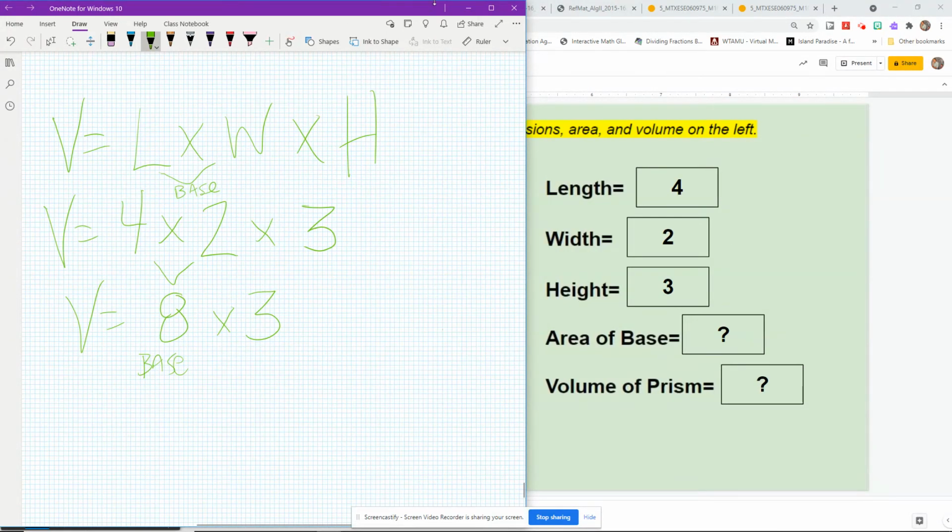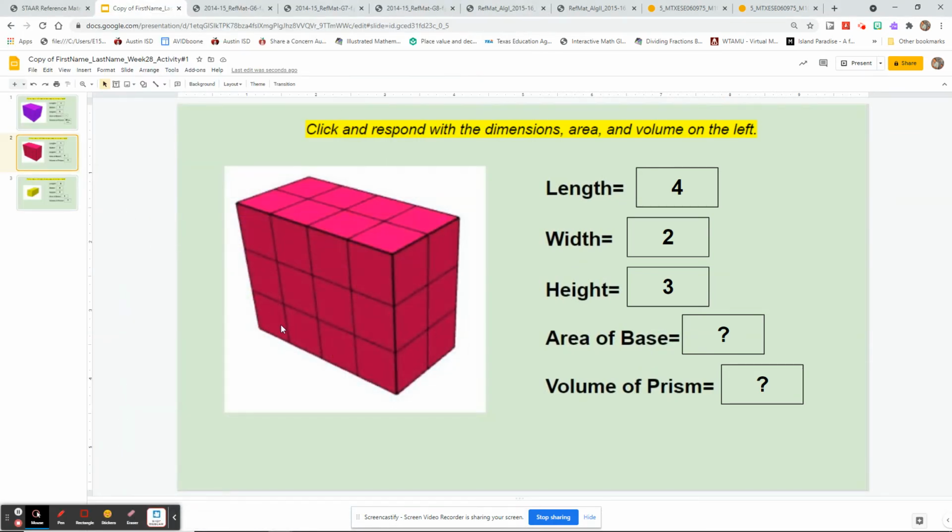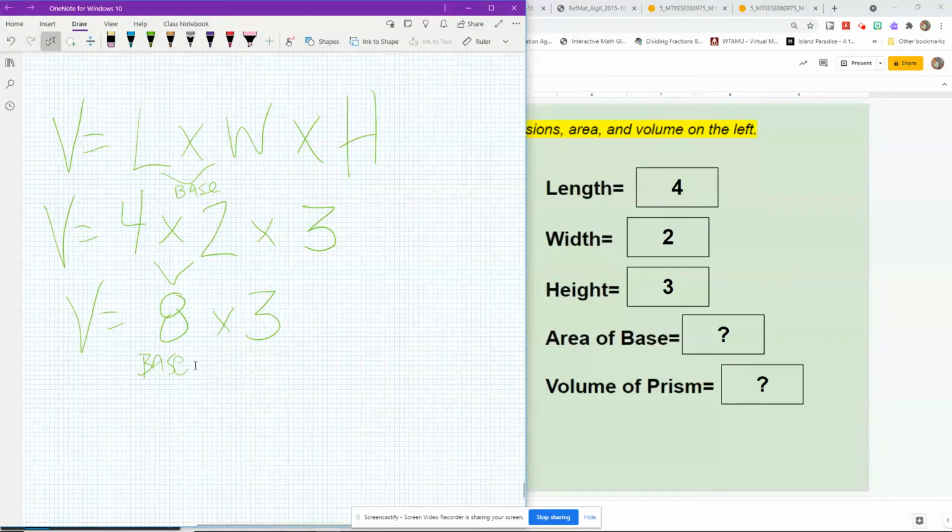Our base was 8. Now, if we once again look at this, our base is made of 8 cubes. You can see on top again, 1, 2, 3, 4, 5, 6, 7, 8. So our base layer, our bottom layer, was made of 8 cubes. And then we have 3 layers of 8 cubes. So 8 times 3 equals 24 cubic units. All right?